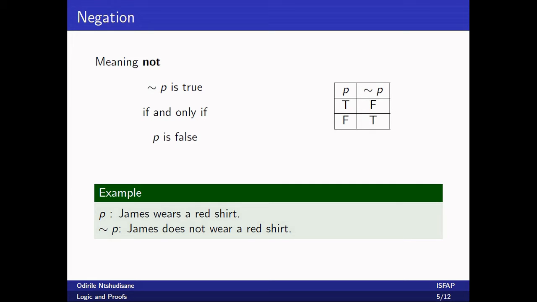So here's the defining table where the statement variable P can either have truth value true or false, and not P essentially has the opposite truth value. An example would be if P stood for James wears a red shirt, then not P would stand for James does not wear a red shirt.